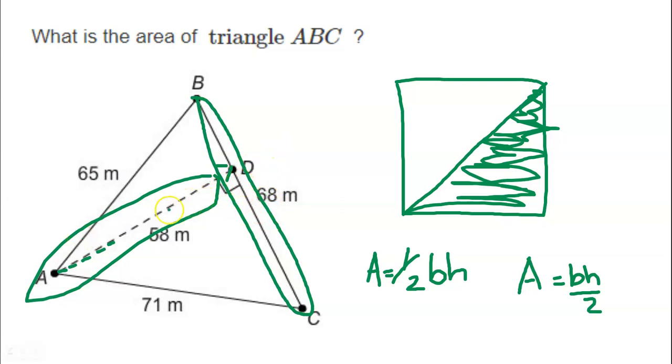So in this case, this is going to be 68 times 58 divided by 2 in order to get the area of this triangle ABC.